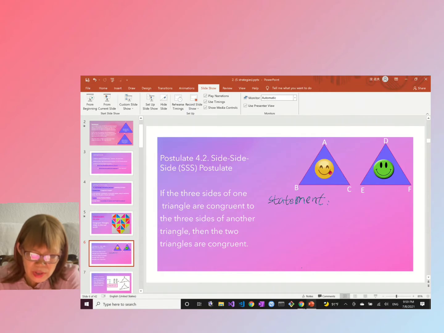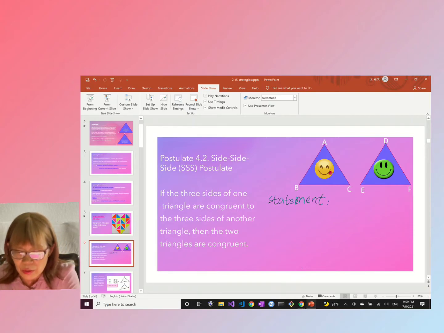What does the statement say? If the three sides of one triangle, okay, we have two triangles here, one is a yellow happy face triangle, another is a green happy face triangle.